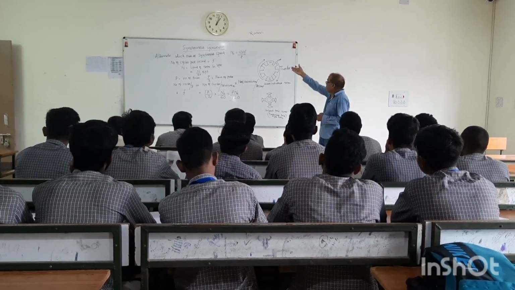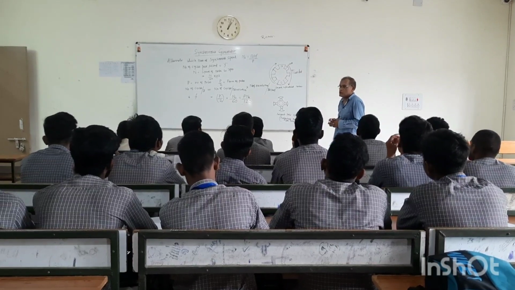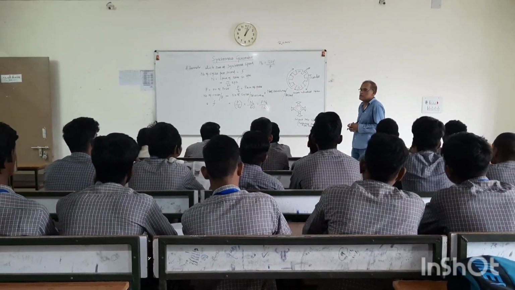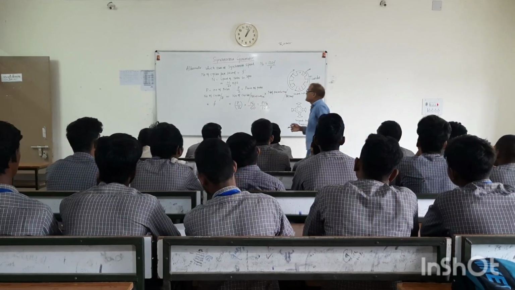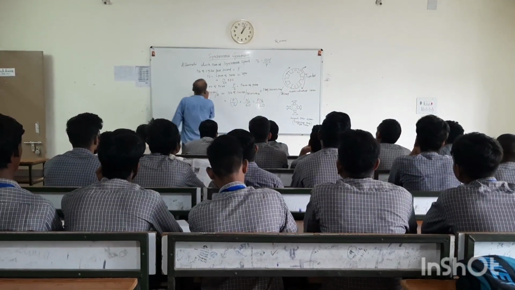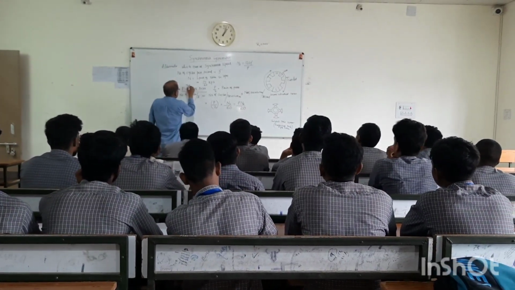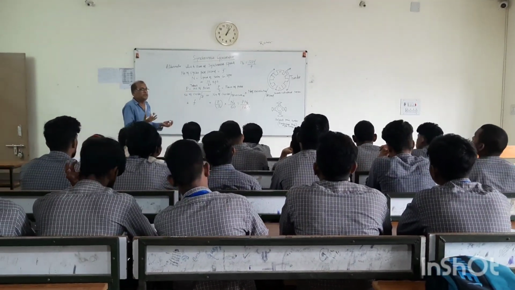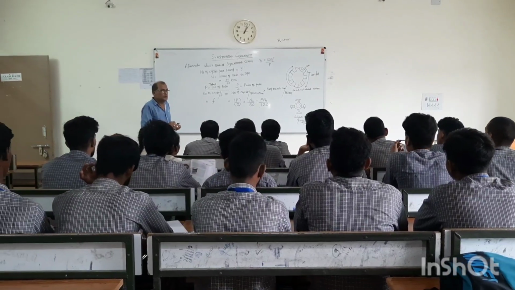That is the case for a pair of poles, meaning one north pole and one south pole. Whereas if P is the total number of poles, then the number of pairs of poles will simply be P by 2.